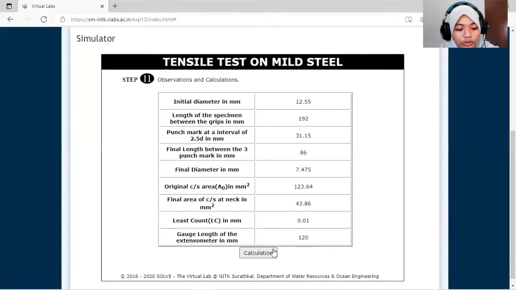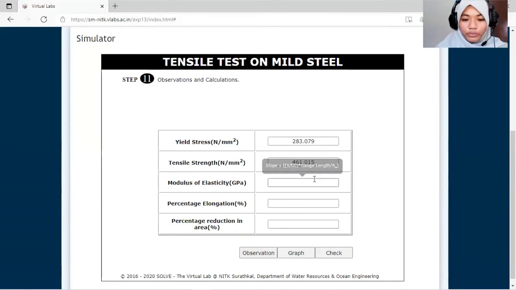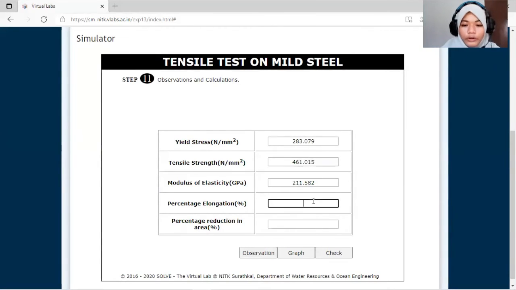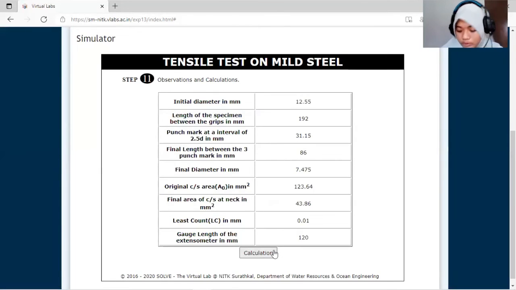The AO is 123.64. The answer is 211.582.